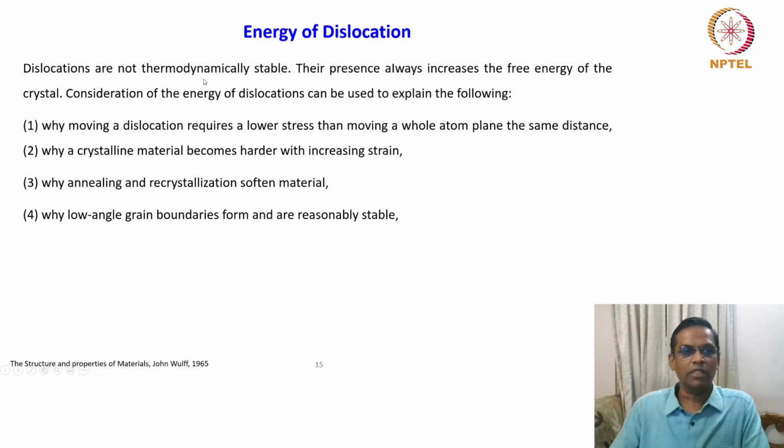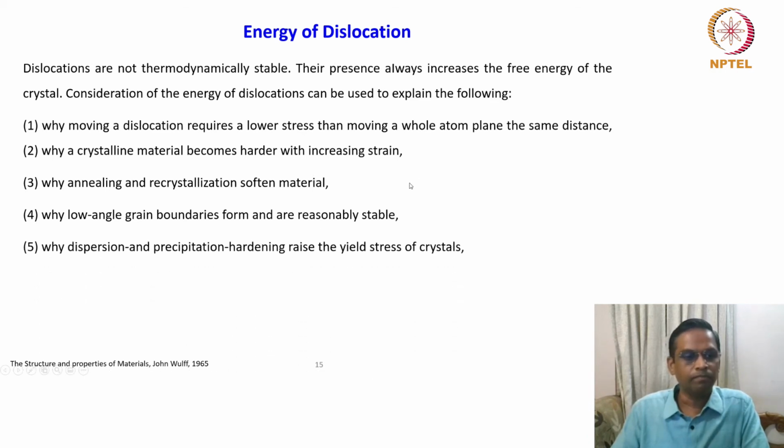See, in the first statement we said that dislocations are not thermodynamically stable, but here, even though they are classified as thermodynamically unstable, in certain geometrical positions in real crystals, typical low angle grain boundaries are formed by these defects. We will see how and why they form, and the energy concept really helps there.